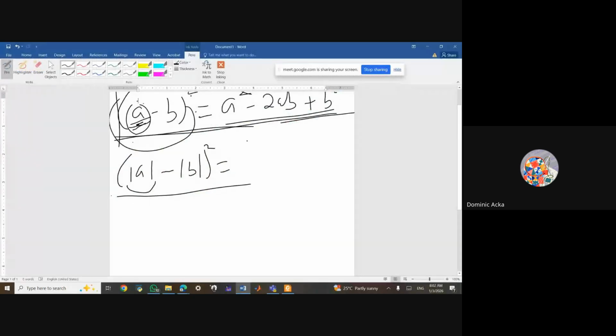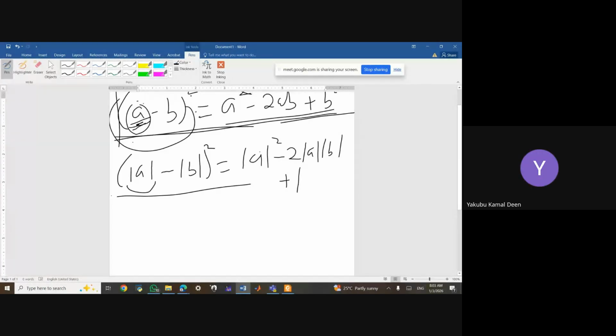First, what do we get? We'll be getting absolute of A squared minus 2 absolute of A absolute of B, plus absolute of B squared.